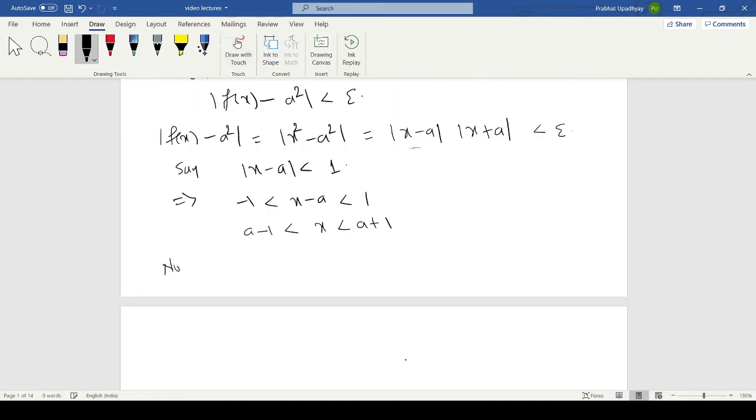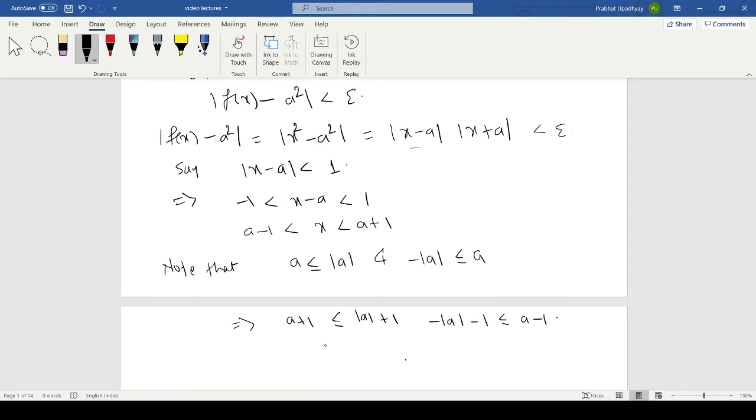Now note that a is less than or equal to mod a, and minus of mod a is less than or equal to a. And this will imply a plus 1 is less than or equal to mod a plus 1, and minus mod a minus 1 will be less than or equal to a minus 1.